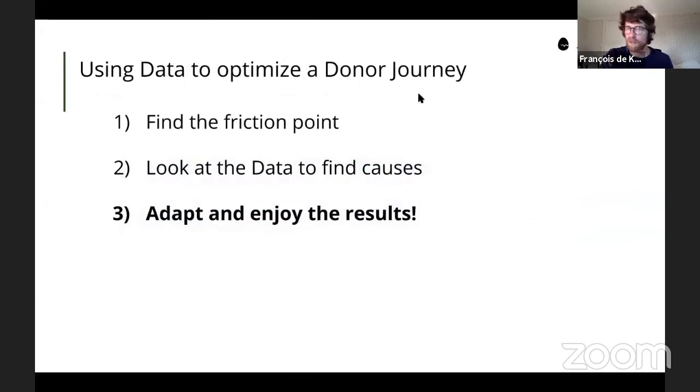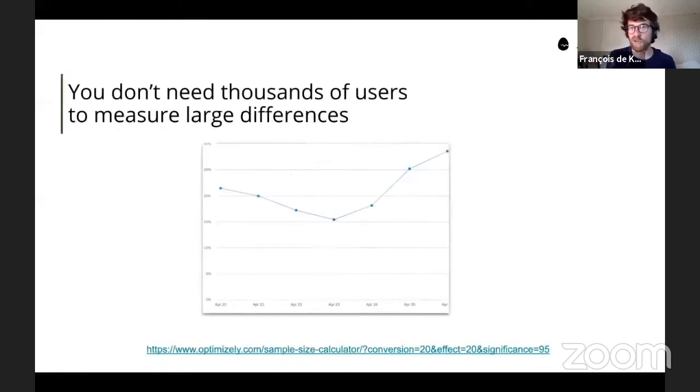And so then, let's say you measured your conversion rate, you looked at the experience on cell phone, you reduced the number of clicks, and now you want to see the results. You don't have to get a ton of data to see important results.